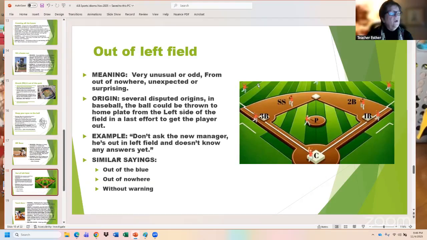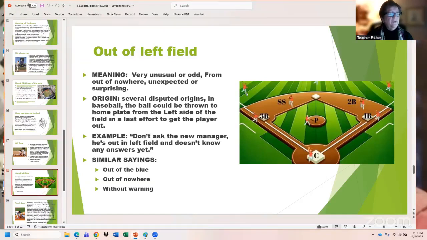Okay, so again, the origin is kind of cloudy because some of the documentation says that it did come from baseball. Some of it alludes to a slang saying, a phrase way back when. But if we're going to use the baseball origin, this player here is out in left field, okay?